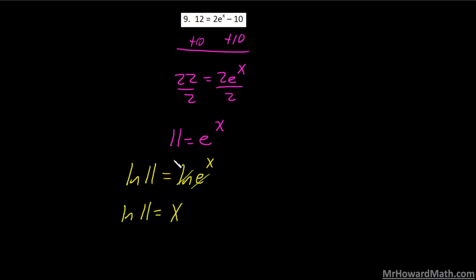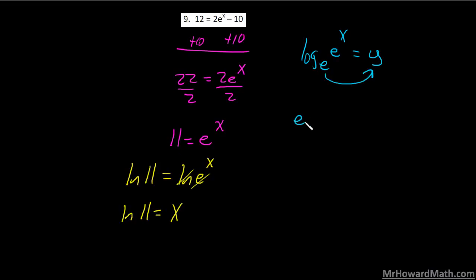I'm going to show you this again, why this is just equal to x. So ln is the same thing as log base e. So ln of e to the x is the same thing as log base e of e to the x. So we ask ourselves, why is this equal to x? Well, here's why. If I set this thing equal to y, apply the loop rule.